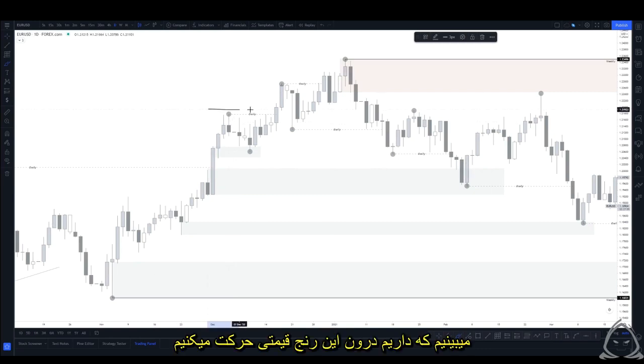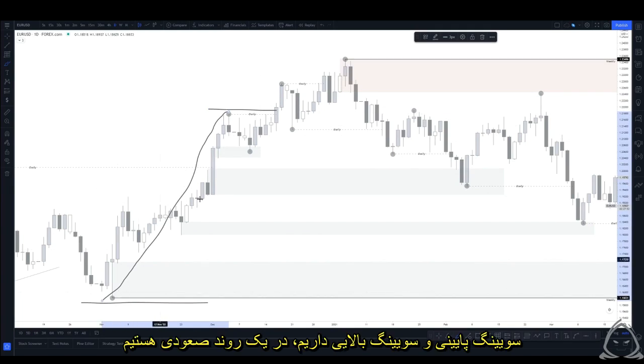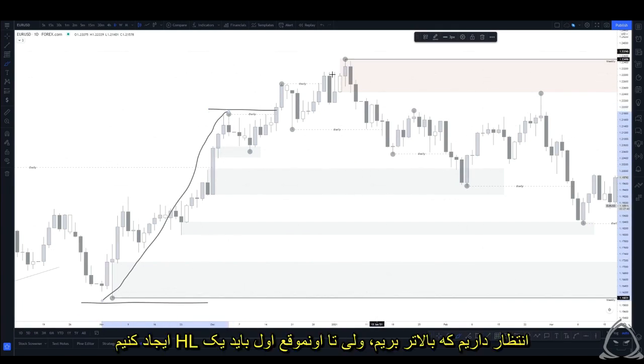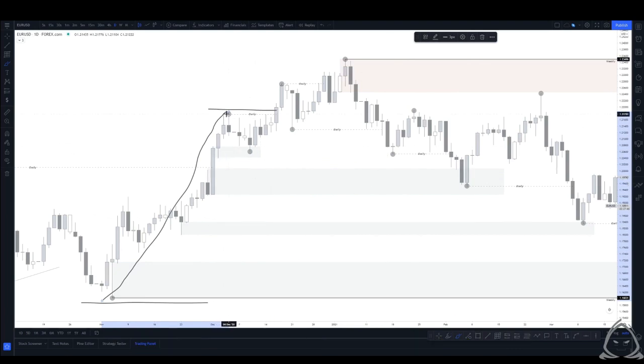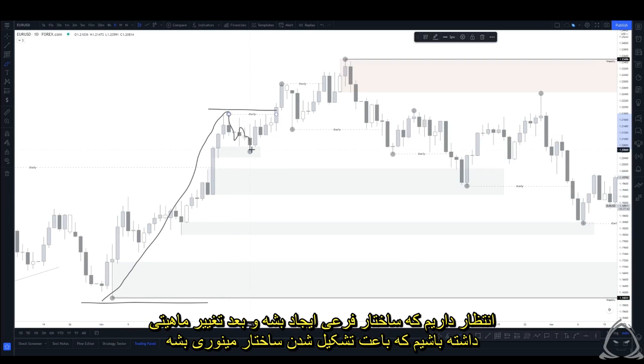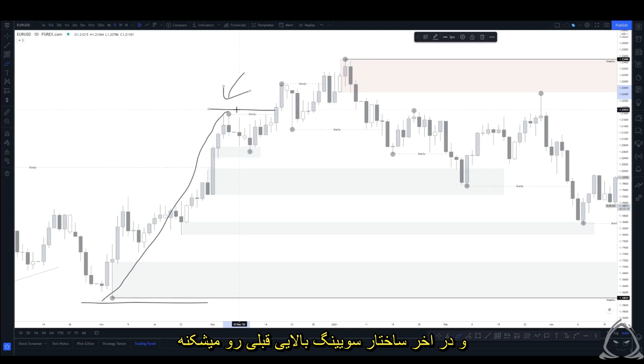We can see that we're operating under this entire impulsive range in price. We have our swing low and our swing high. We're in an uptrend. Our expectation is that we are going to continue higher, but until we do that, we need to put in some sort of higher low. We would expect to see substructure created, a change of character that then creates minor structure, and then finally breaks the previous structural swing high.